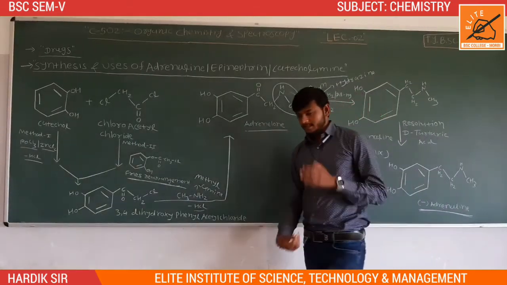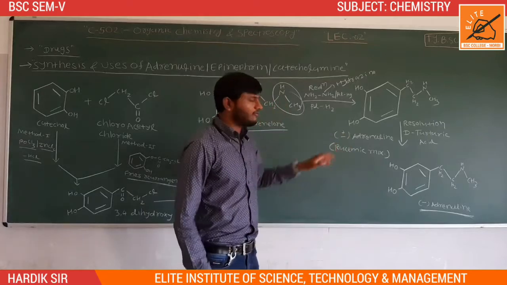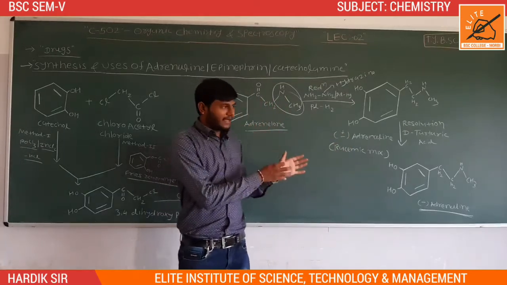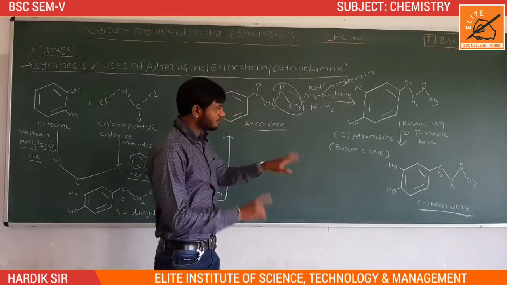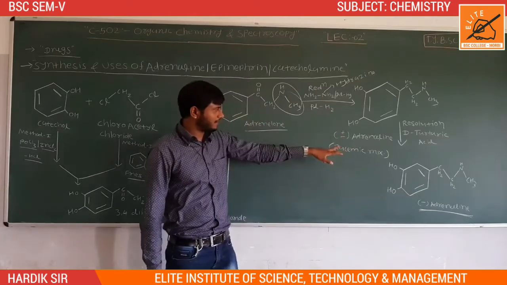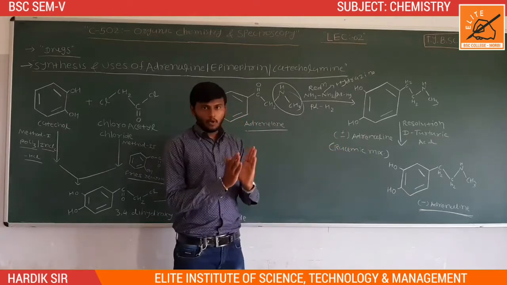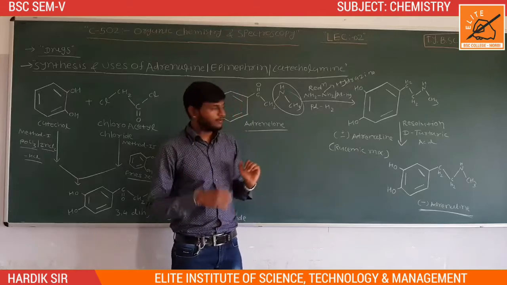What is a racemic mixture? A racemic mixture is one in which the dextro and levo parts are combined together in one mixture. Adrenaline here is a racemic mixture, with both the dextro part and the levo part.